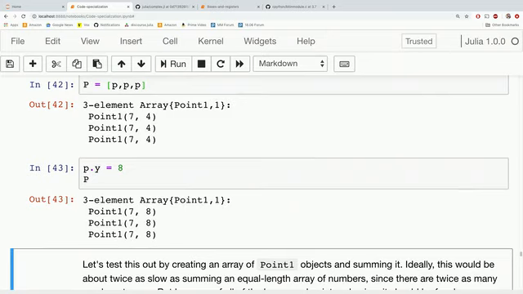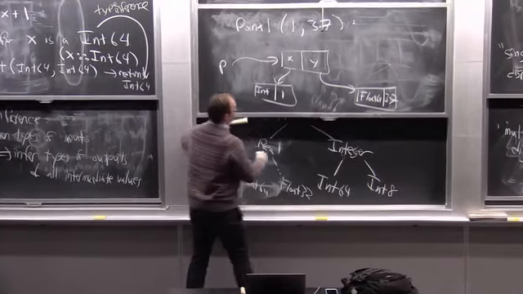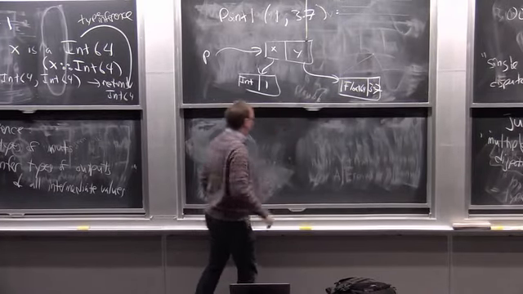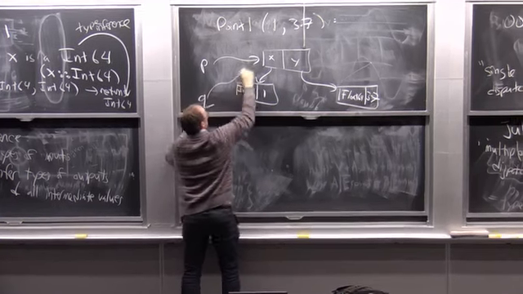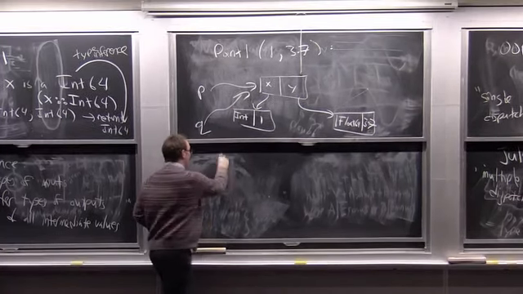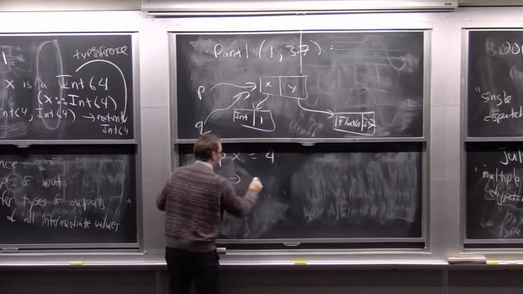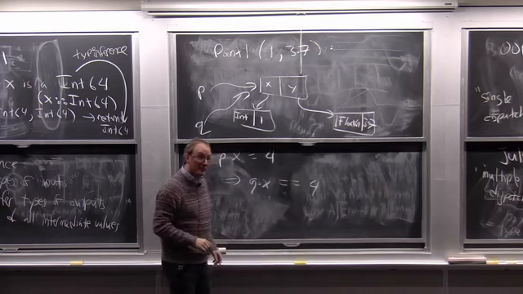In general, if I have a p looking at that object, and another element, a q, that's also pointing to the same object, and I say p.x equals 4, then q.x had better also be 4 at that point.